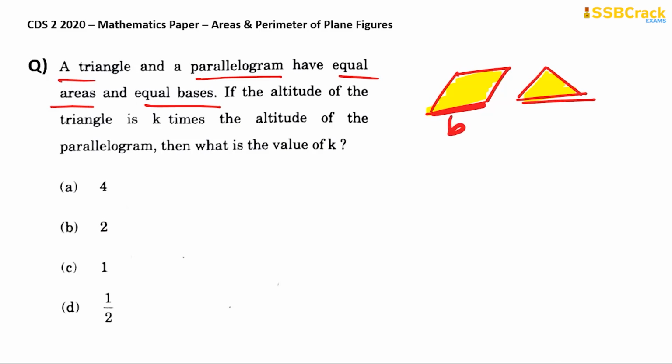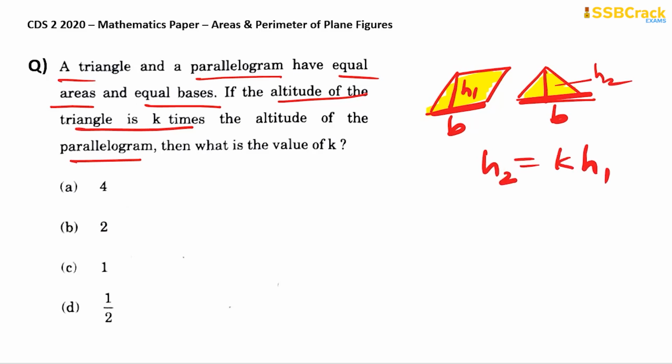Now they said if the altitude of the triangle is k times that of the altitude of the parallelogram. So the altitude of the parallelogram I'll take h1. The altitude of the triangle I'll take h2. So they said h2, that is of the triangle, is k times h1. So what should be the value of k?